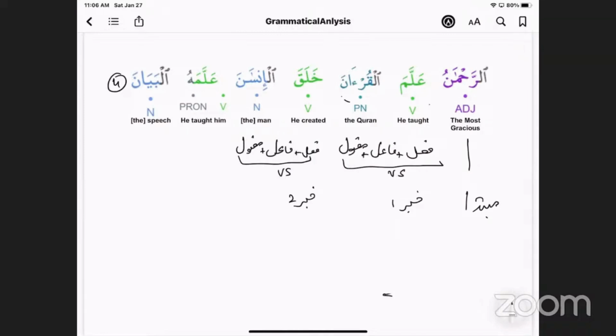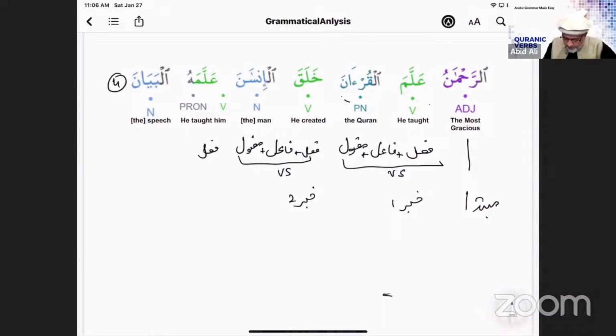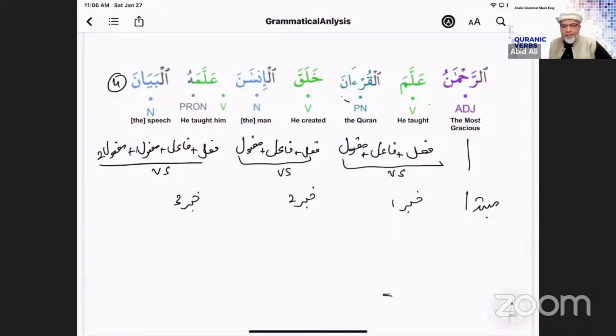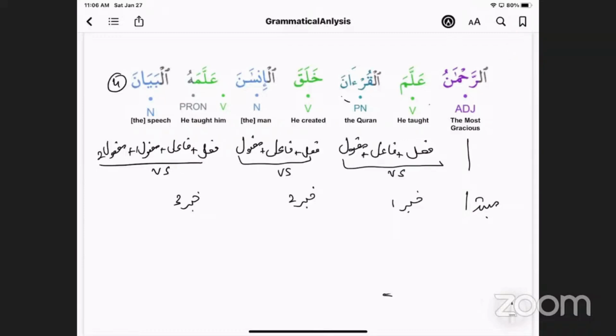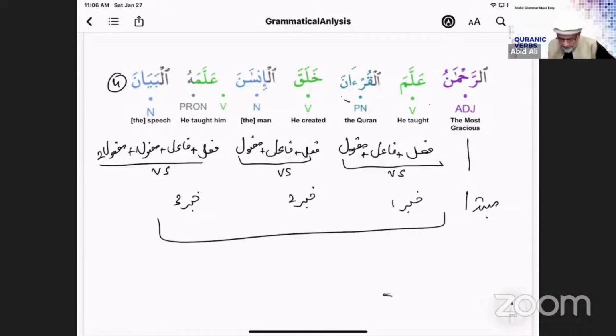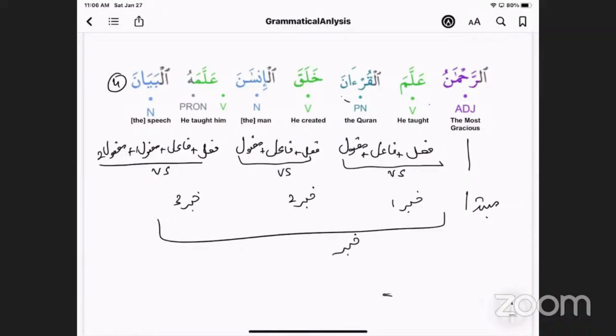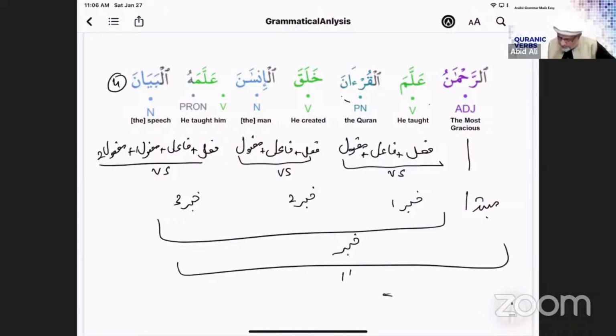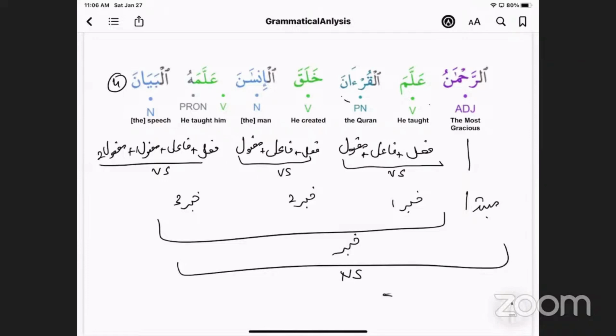And then the same thing here: fa'il plus fa'il plus maf'ul 1, maf'ul 2, a verbal sentence, khabar 3. So then I can combine all of this and call it khabar, and this whole thing is a nominal sentence. Making sense? That's with the noun.